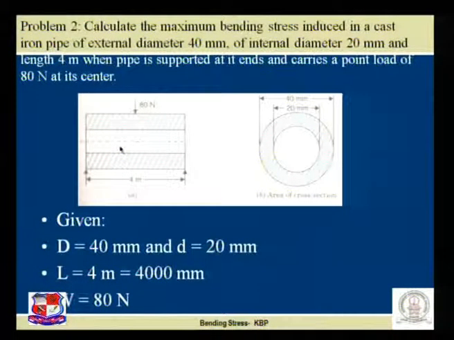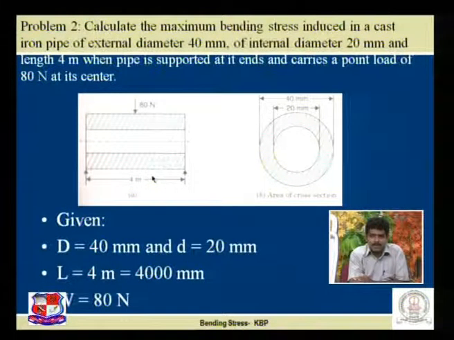The question is that a cast iron hollow circular pipe has been given with an external diameter of 40 mm while the internal diameter is 20 mm. The length of the pipe is also given as 4 meter.